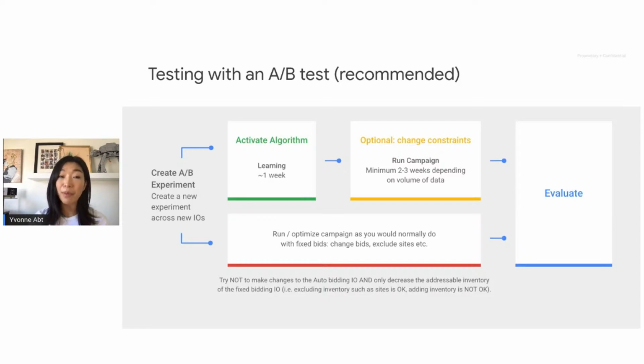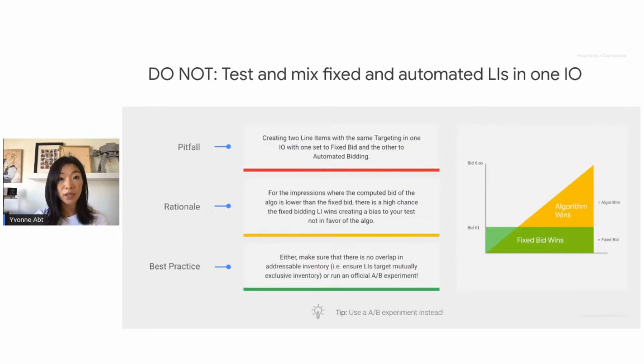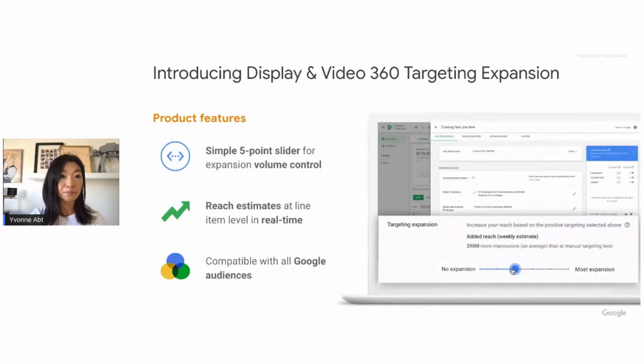And you can see some of the best practices here in how to set up that A/B test and some watch outs as well. But the idea here is setting up this test can help you get more comfortable and potentially seeing if automated bidding is a solution for you and starting to transition some of your line items to allow for the algorithmic driven bid strategies to take place.